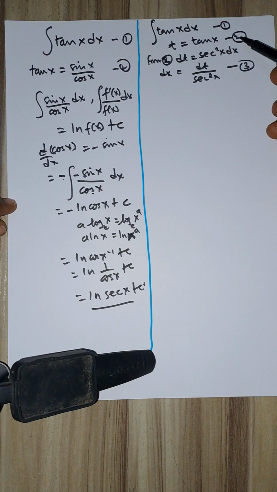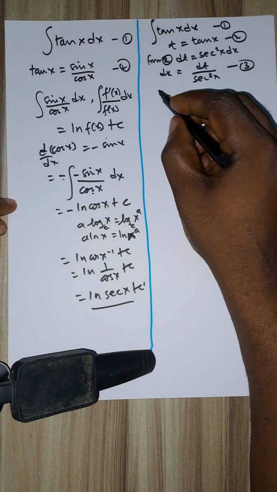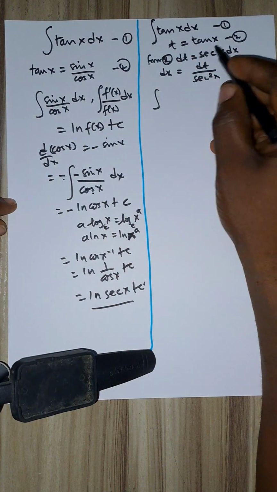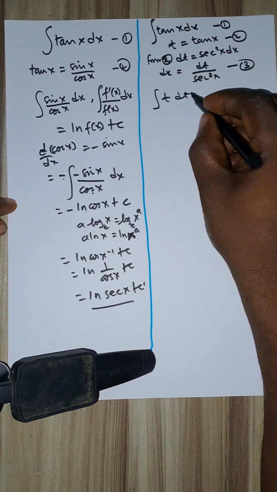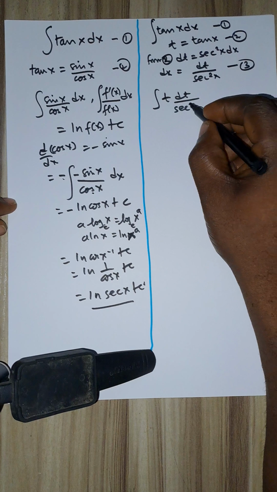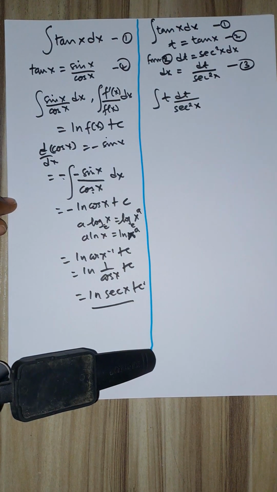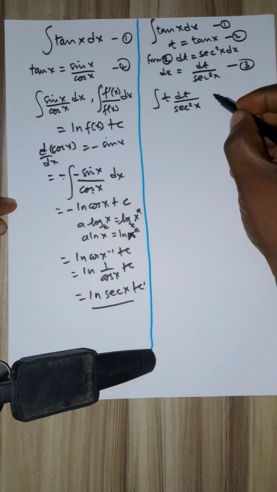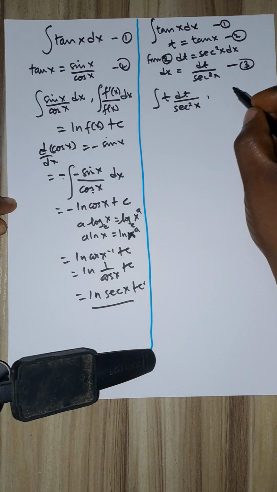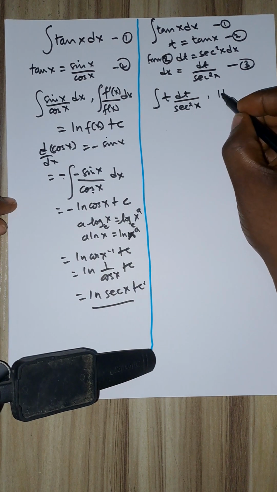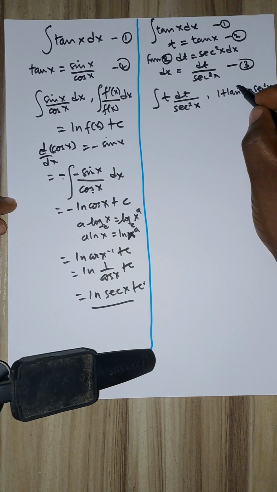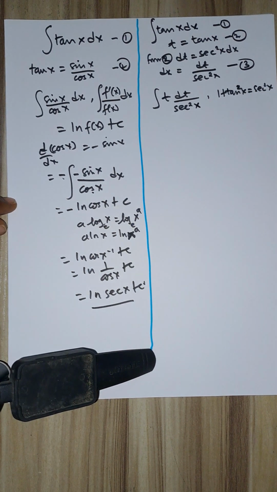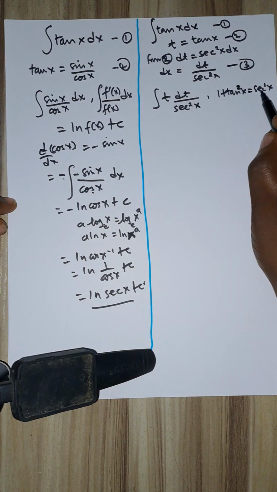Now, if you use 2 and 3 in 1, you will have the integral where tan x is t, and dx is dt over sec squared x. Now, 1 plus tan squared x is sec squared x.